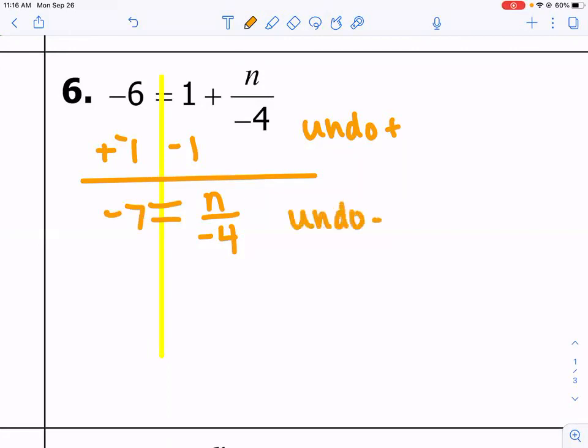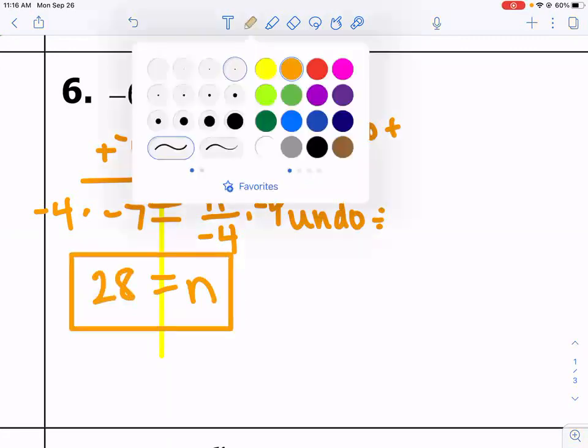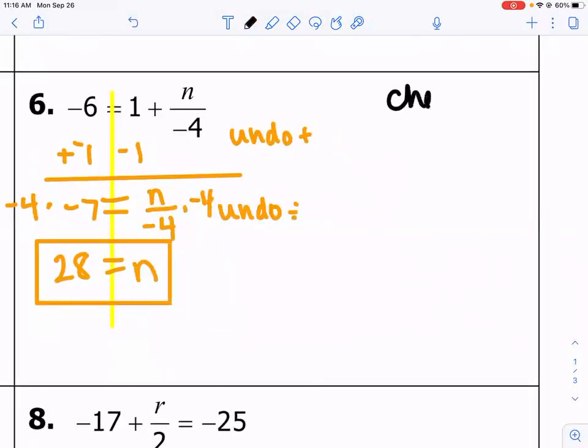Okay. Jada, what's our next step? Since negative 4 is being divided, we need to undo that by multiplying negative 4 to both sides. So we get n equals 28. That's correct. Did you check it, Jada?